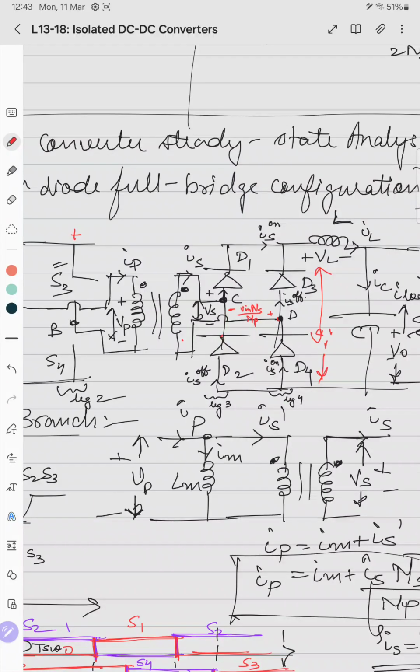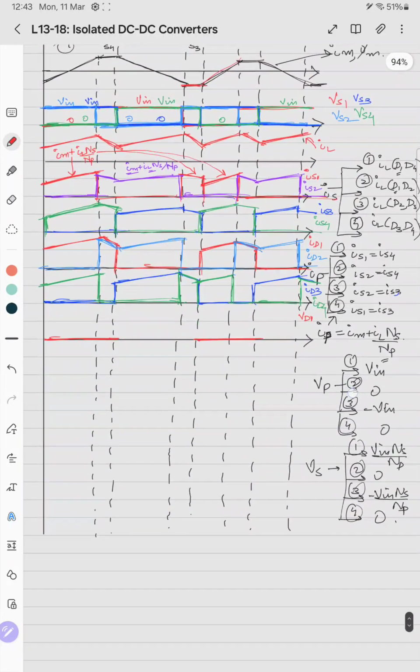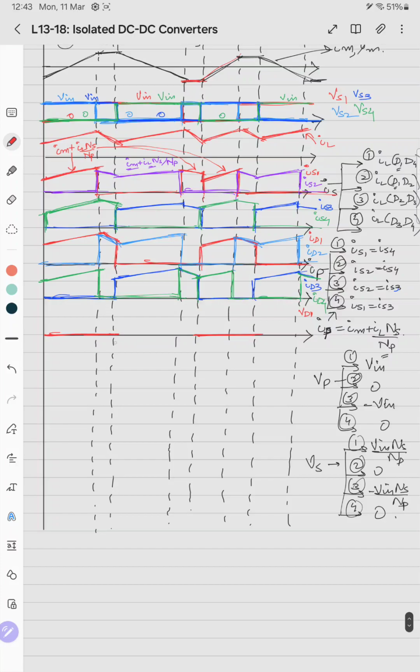This voltage comes here. D2 and D3 are on, so this minus comes here, and this is plus, so it is V in into NS by NP, minus of it. For case 3, it is minus V in NS by NP.